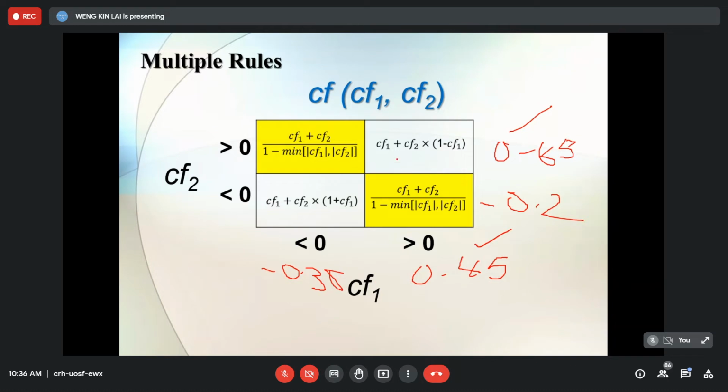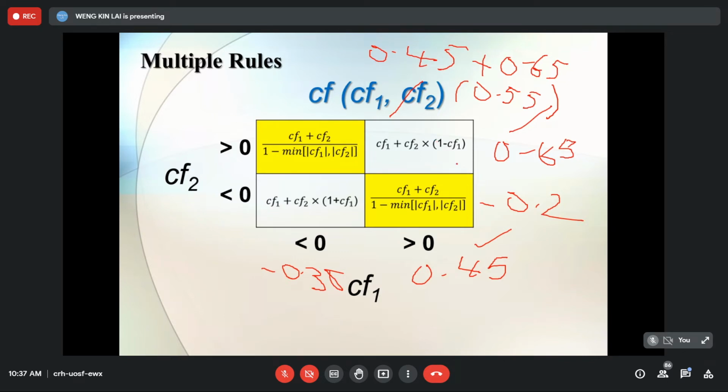This is CF1, with 0.45. So this will be 0.45 plus your CF2, 0.65, multiplied by 1 minus CF1, which is 0.55. So 0.55 multiplied by 0.65, and then you add on to 0.45. Basically, it is strengthening it.